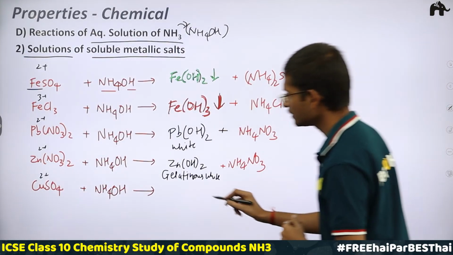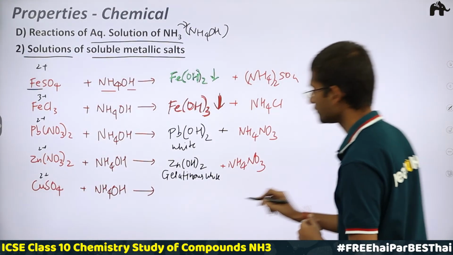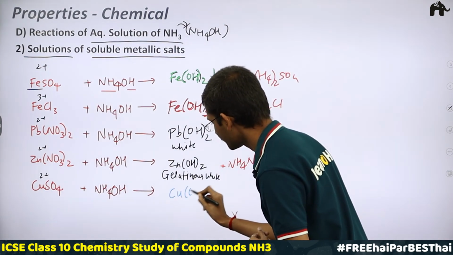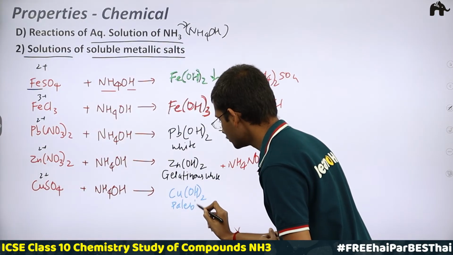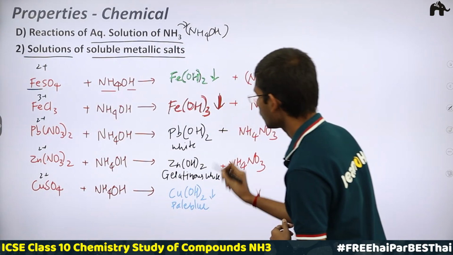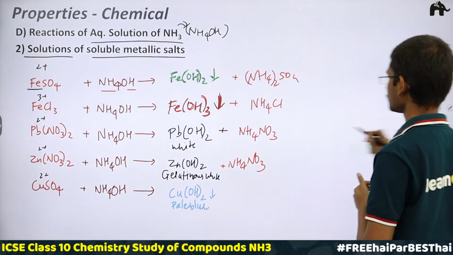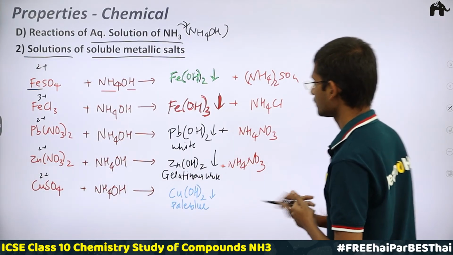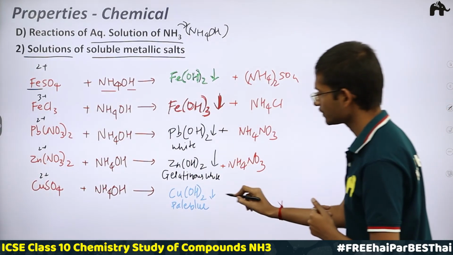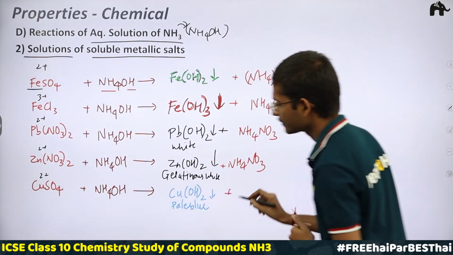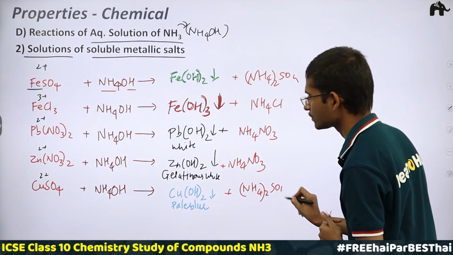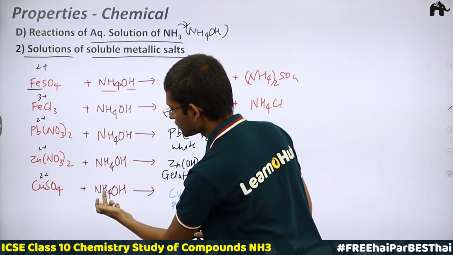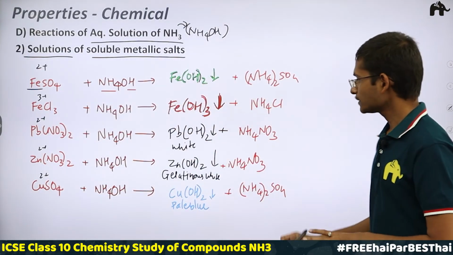It is a pale blue precipitate, so I'm writing it in pale blue color. Copper hydroxide, pale blue. All these are precipitates, so just show the arrow of the precipitate. And along with this, what would be formed? Ammonium sulfate, (NH4)2SO4, so Cu(OH)2 and (NH4)2SO4.